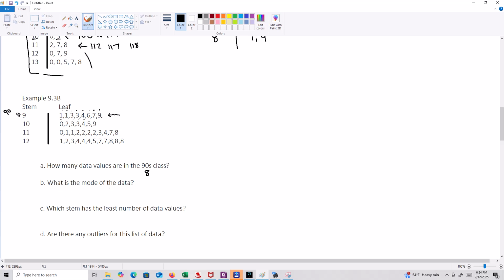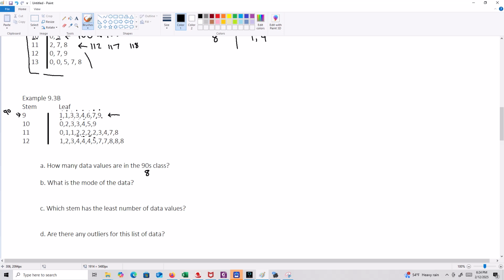What is the mode of the data? What piece of data occurs the most? We have 4 2s showing up right here. 1, 2, 3, 4. And I don't see another place where 4 2s are showing up.